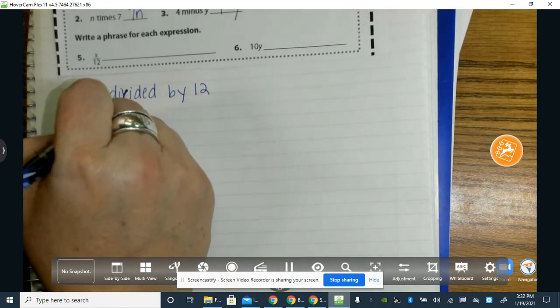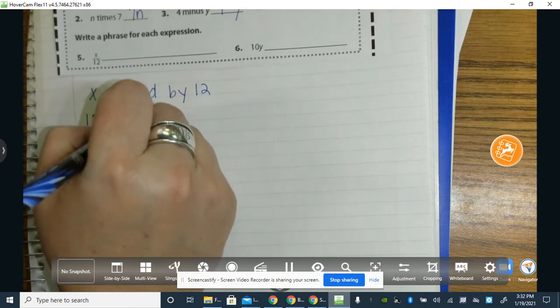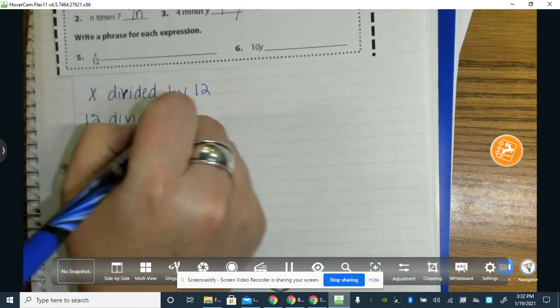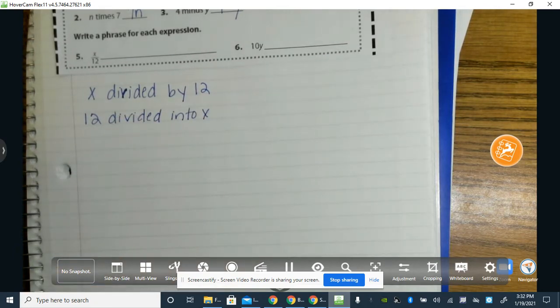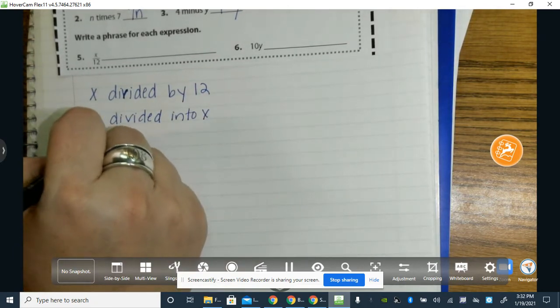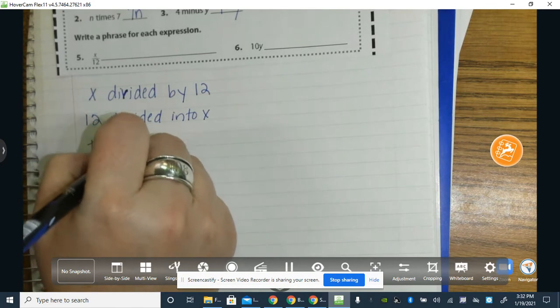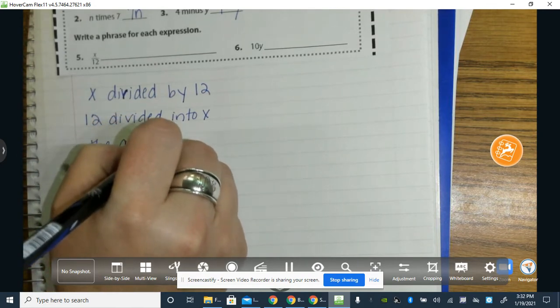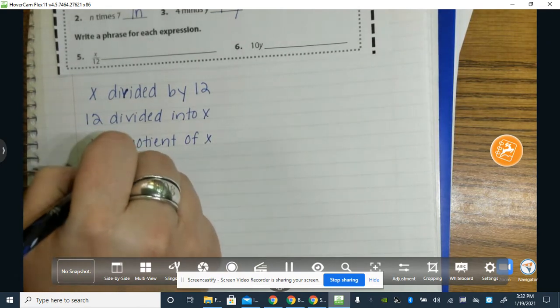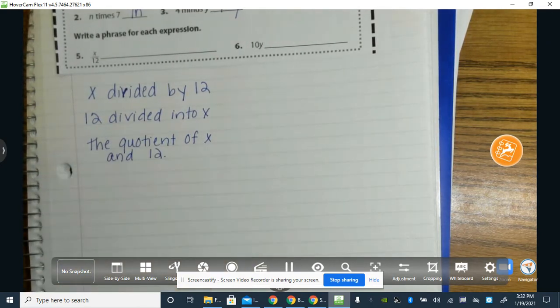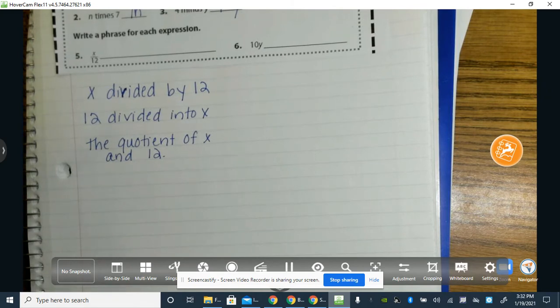Or 12 divided into x. We can also say the quotient of x and 12. So those are 3 different ways that we could show this.